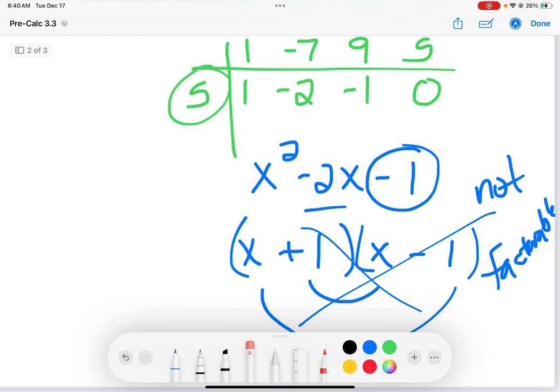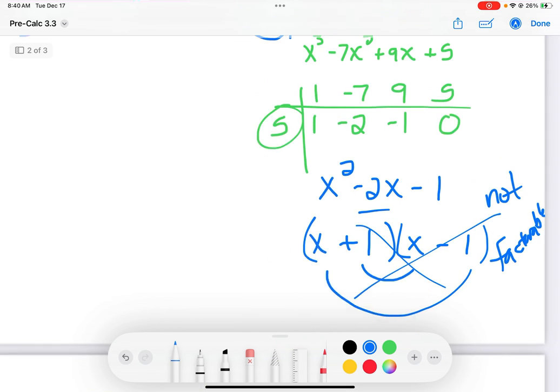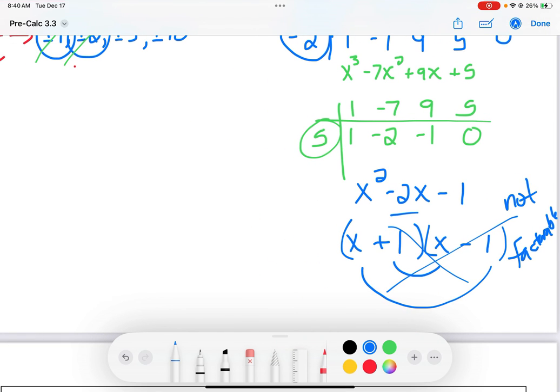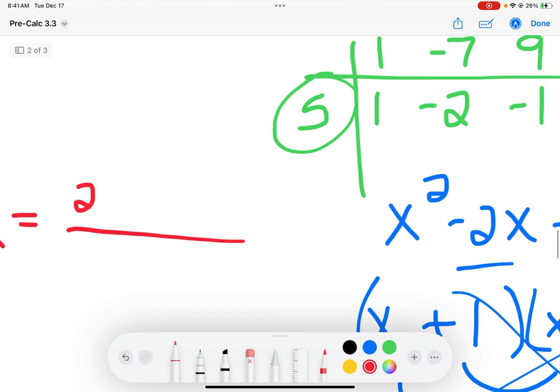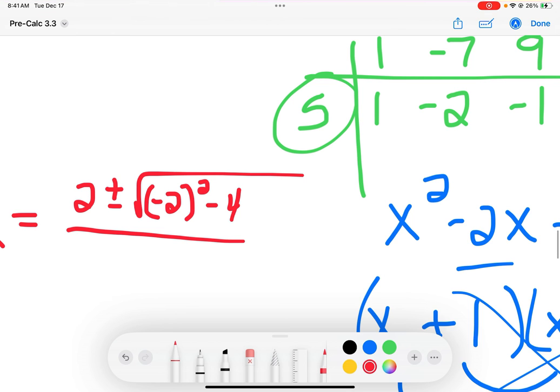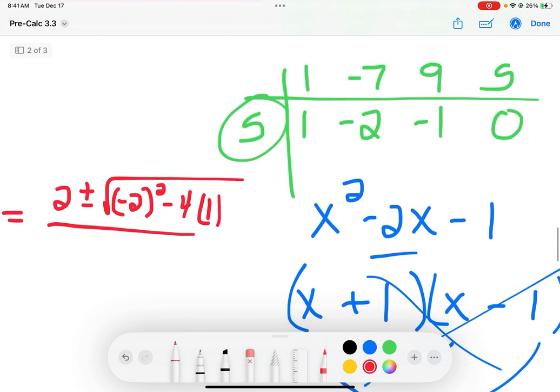So since we can't factor it, we will use the quadratic formula. x equals -b plus or minus the square root of b squared minus 4ac all over 2a. So we write this out. The opposite of b is positive 2 plus or minus the square root of -2 squared, that's our b squared, minus 4 times a times c, and our c value is -1, all over 2 times a.